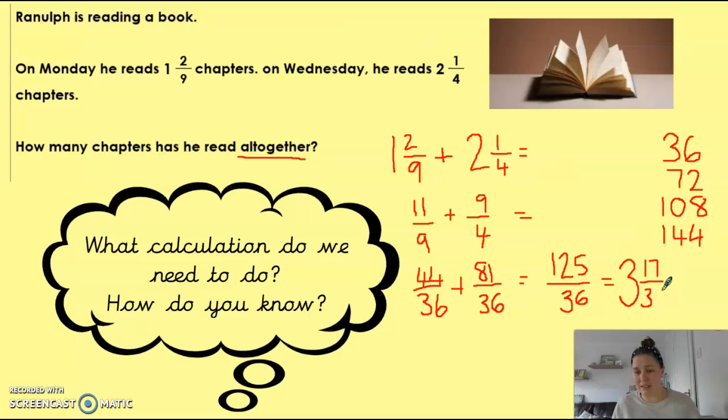So it's like when we did long division, and we go through our times tables and find out how many we've got and how many we've got left over. It's exactly the same. So fractions is just a big combination of times table knowledge, multiplication and division knowledge. That's all. So 3 and 17/36, that's my answer. And how many chapters has he read altogether? That is the answer. So well done if you got that.